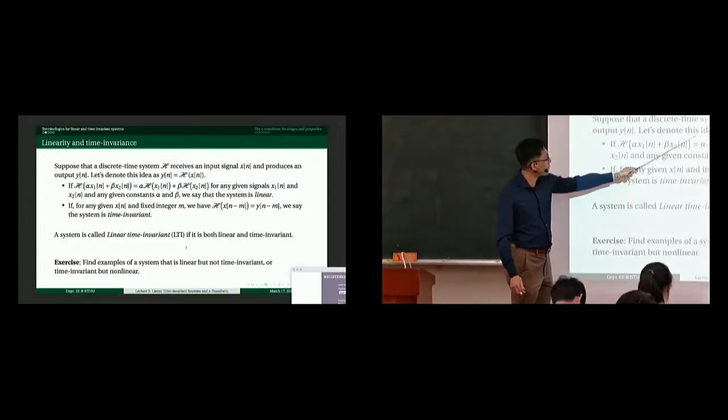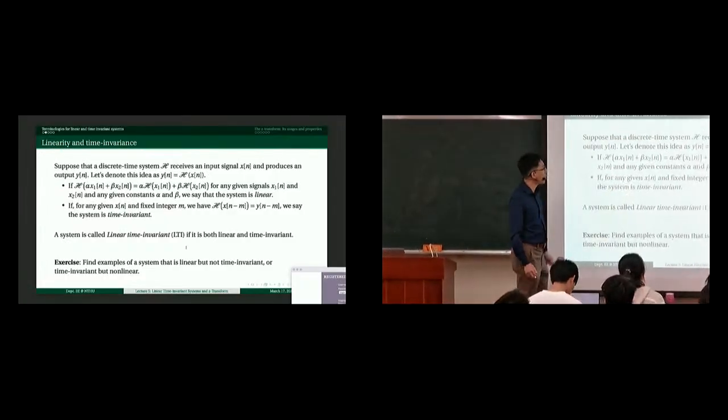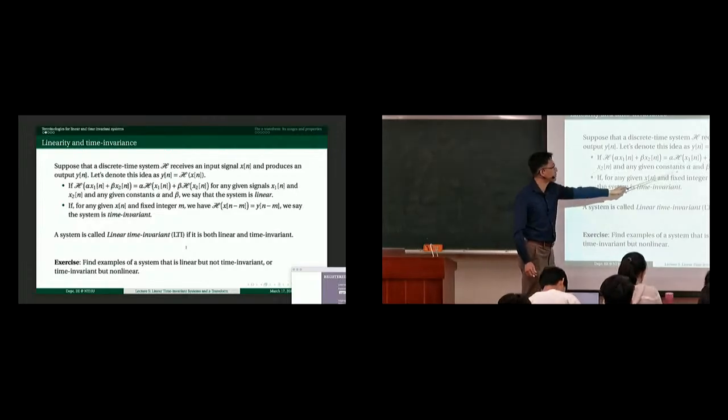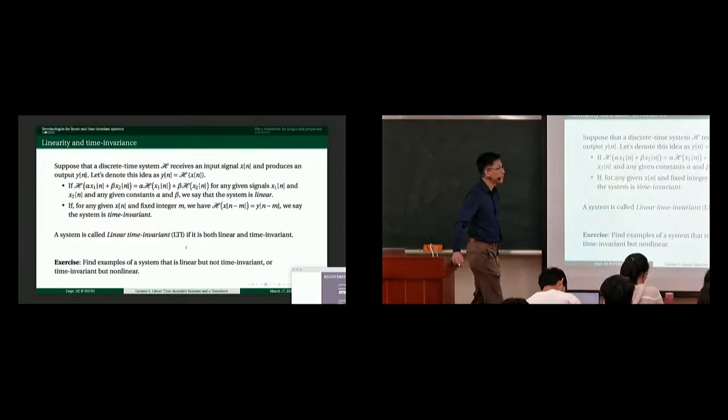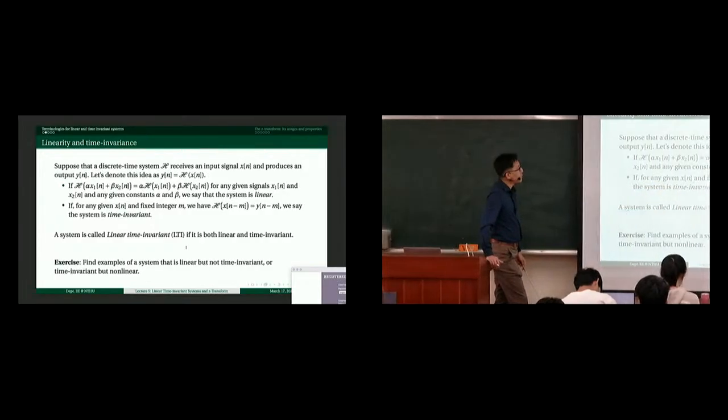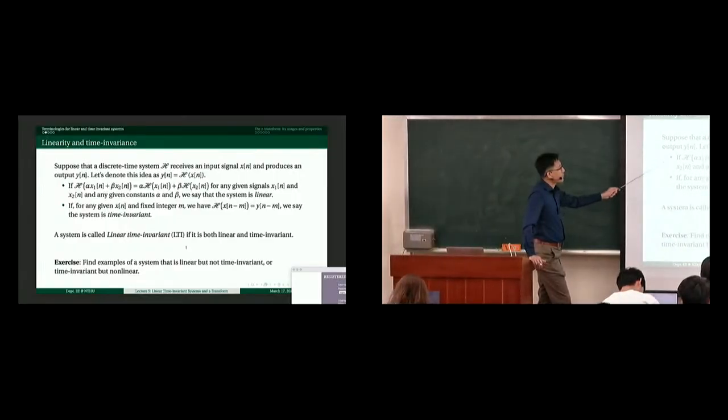If this equality holds for any given inputs x1 and x2, and any given constants alpha and beta, if the equality always holds, then we say that the system is linear. Linearity.